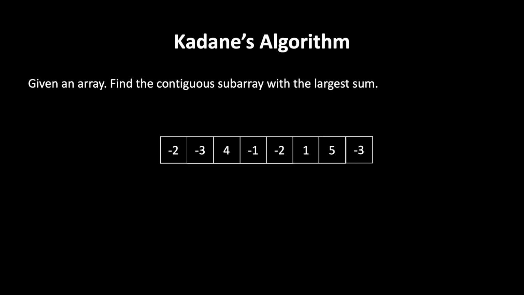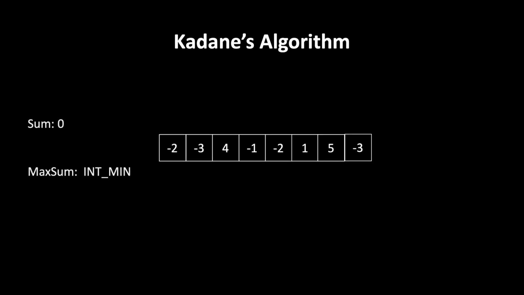We have this array and we need to find the largest sum contiguous subarray. We will take sum and maximum sum, and using these two variables, we will try to derive the approach to find the maximum sum. In starting, our sum is 0 and maximum sum is int minimum, so that we can store the maximum.